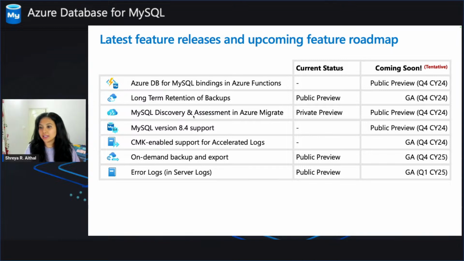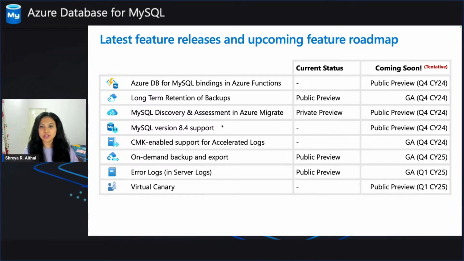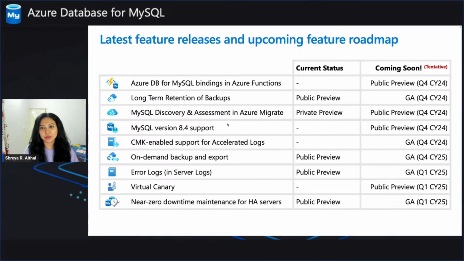And finally, a couple of maintenance related features with milestones in Q1 of CY25. With this new feature, that is virtual canary, which is releasing in preview, you can opt for your dev, testing, or staging servers to be in virtual canary.